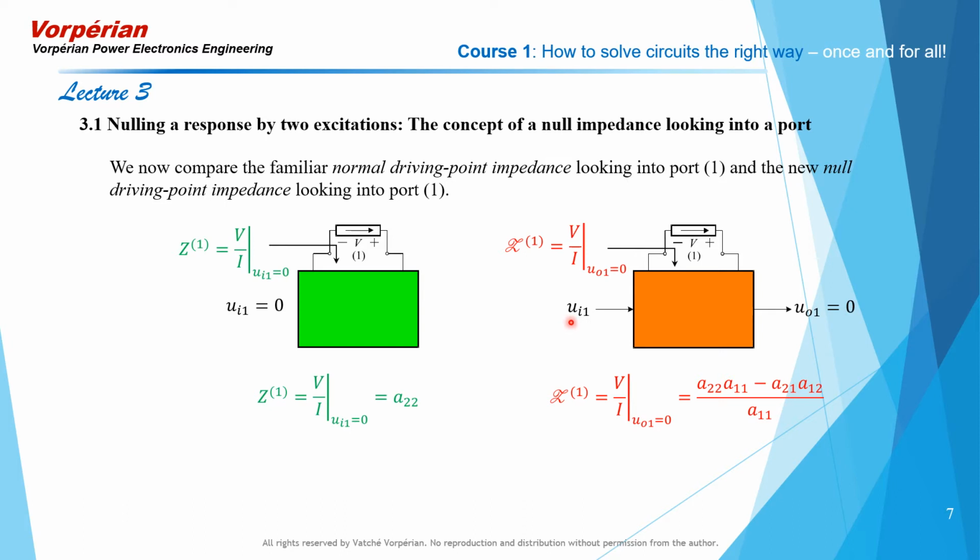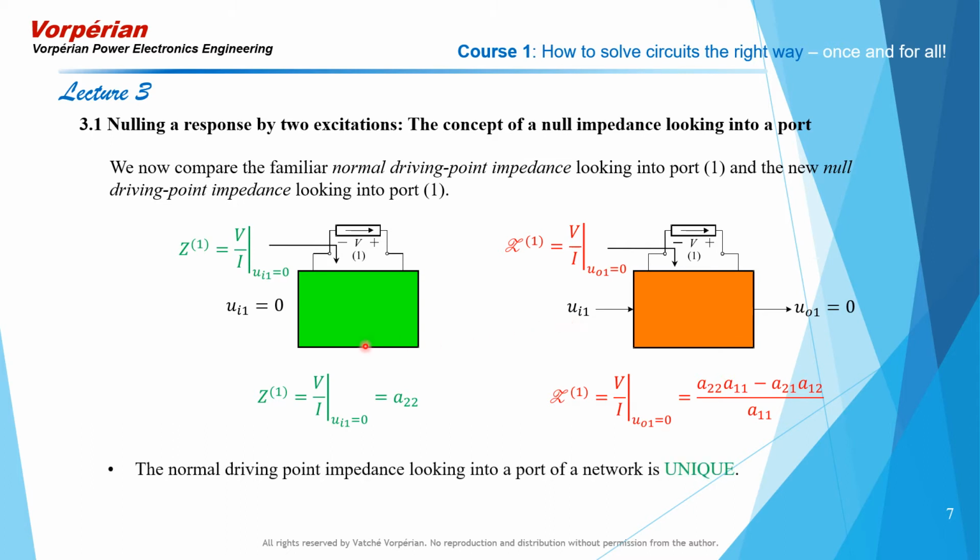This excitation, input 1, when applied to this network, generates all kinds of responses inside that network. You can pick different responses anywhere inside this network and null that one with I and V being applied at the same time. In each case, you will get a different null driving impedance looking into that port.